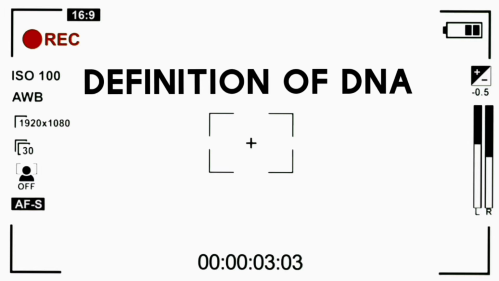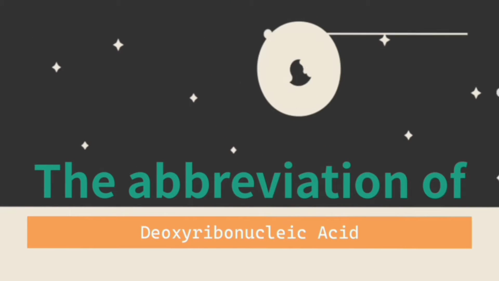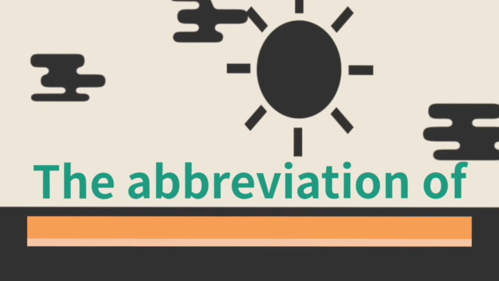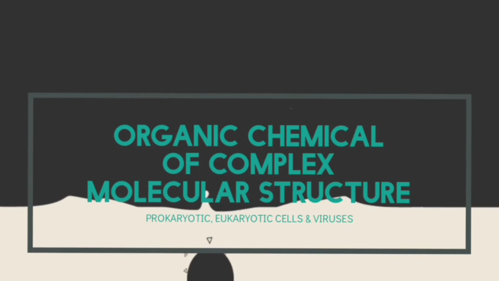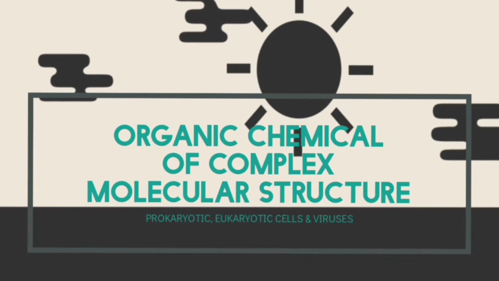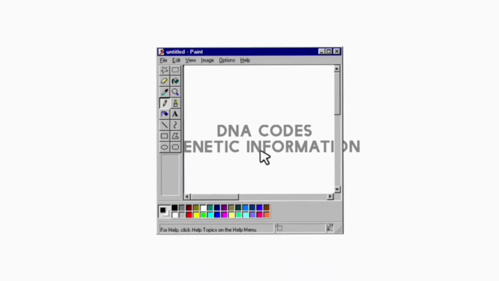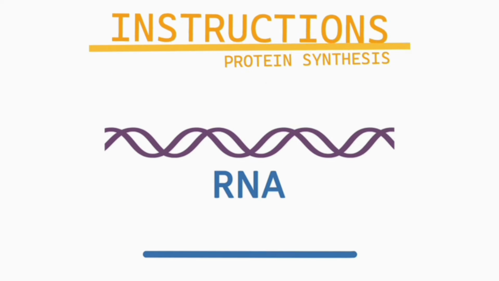What is DNA? The definition of DNA is the abbreviation of deoxyribonucleic acid, an organic chemical of complex molecular structure that is found in all prokaryotic and eukaryotic cells and in many viruses. DNA codes genetic information for the transmission of inherited traits and instructions for protein synthesis.